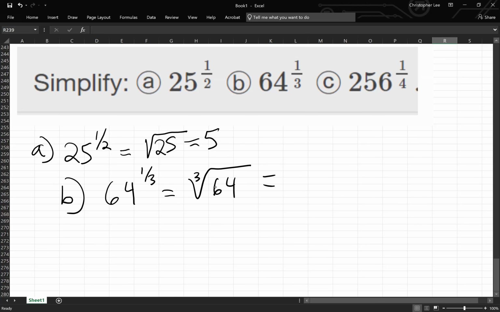What about C? 256 raised to the 1/4 power equals the fourth root of 256. What's the answer? 4.